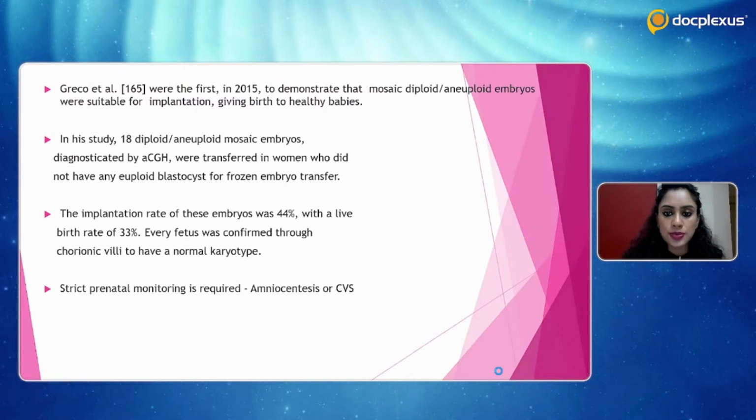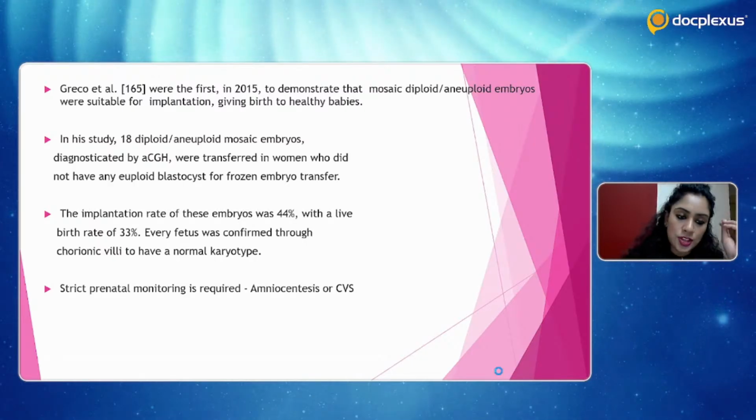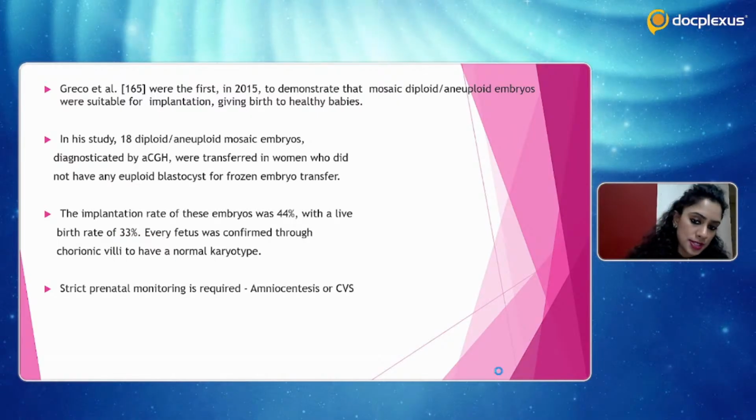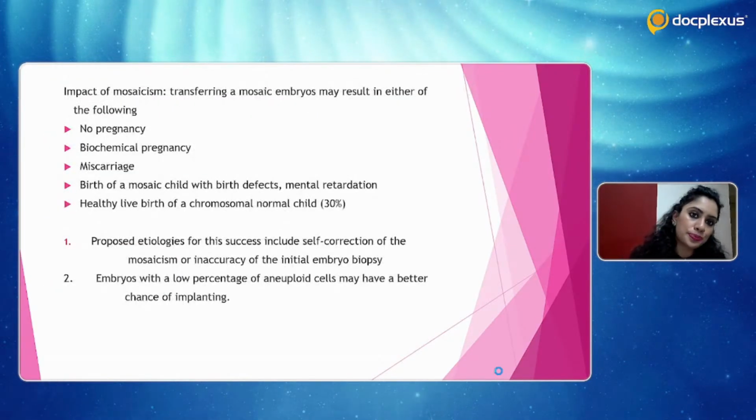The implantation rate was about 44% in this study with a live birth rate of 33%. Every fetus was confirmed through chorionic villi to have a normal karyotype, and strict prenatal monitoring is required. Amniocentesis or CVS can be done when you're transferring the mosaic embryos.